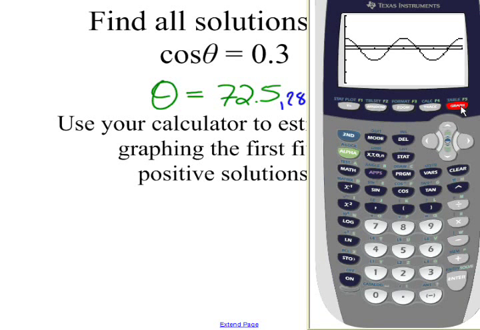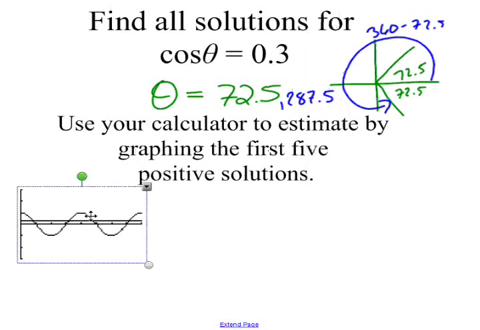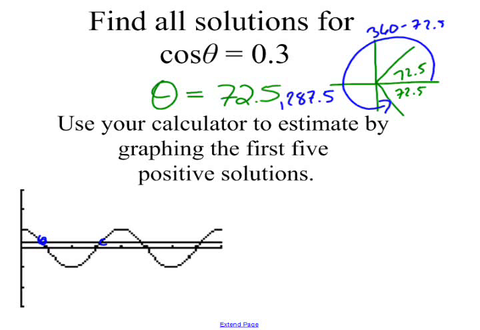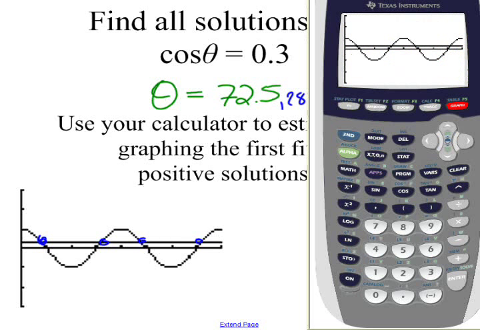So here's my graph, and as you can see, this goes on forever. If I want to find those solutions graphically, all I have to do is use the intersection button on my calculator.